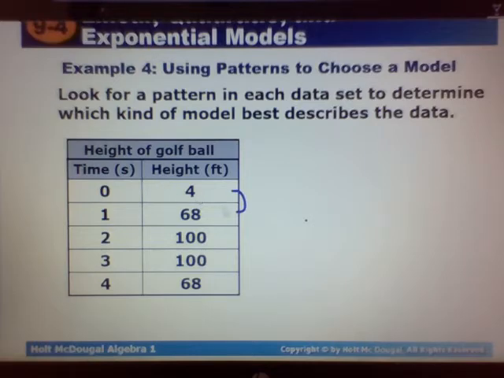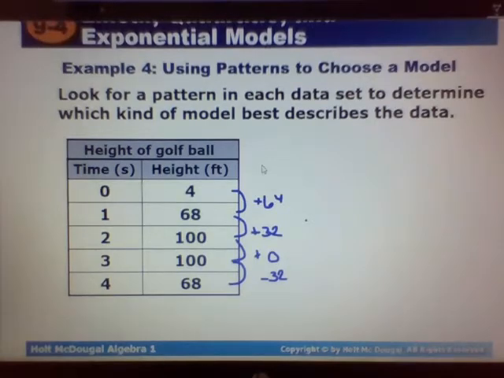So 4 plus 64 is going to get 68. 68 plus 32 makes a 100. We have 100 to 100, which would be plus nothing. And then from 100 to 68 subtracts 32.